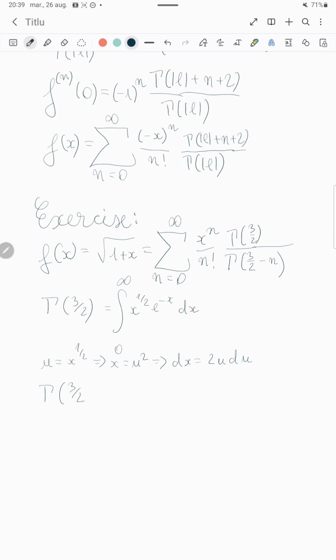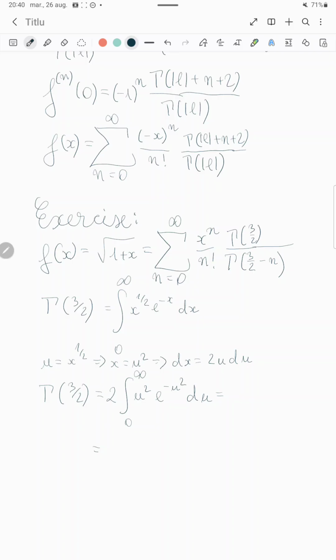So our gamma of 3/2 is going to be equal to 2 times the integral of u squared e to the minus u squared du.